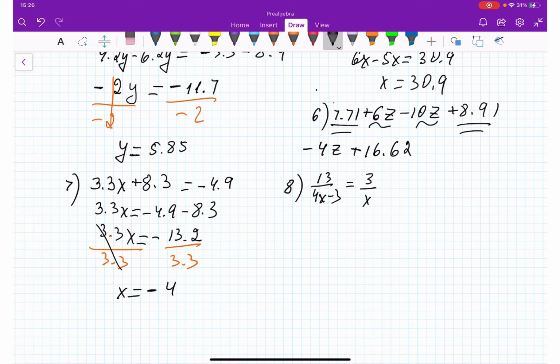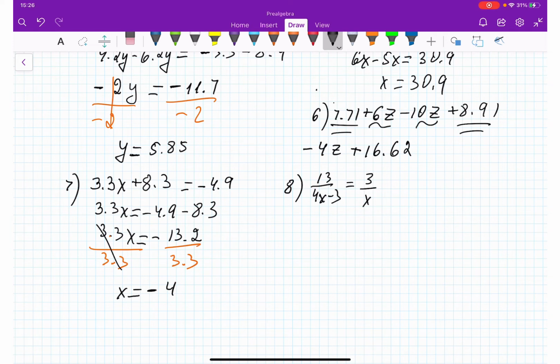Well, I realize I give you a lot, but trust me, this is fundamental operations that you are going to use throughout all subjects in math, and it will make your life much easier once you know these things, okay? So I'm doing this, I'm torturing, in double quotes, to your benefit. All right, so 13 over 4x minus 3 equals 3 over x.